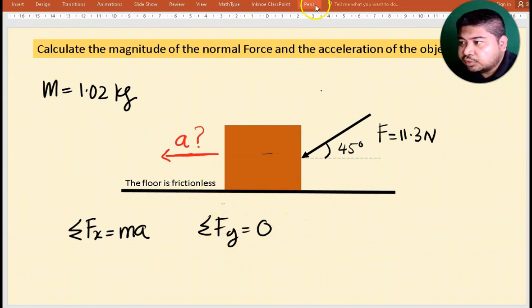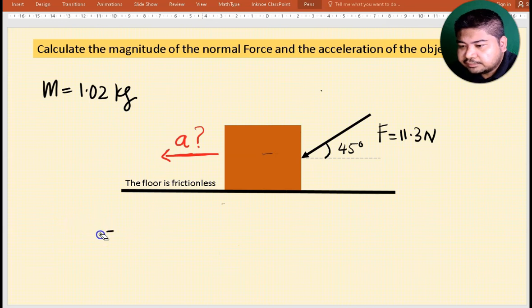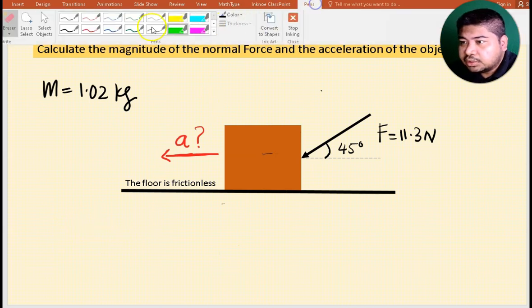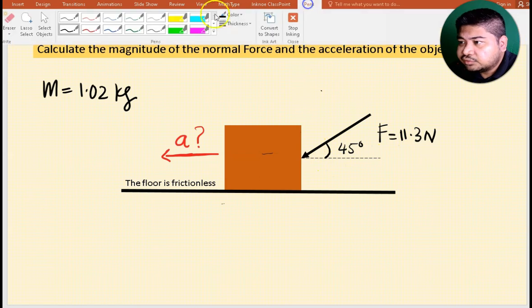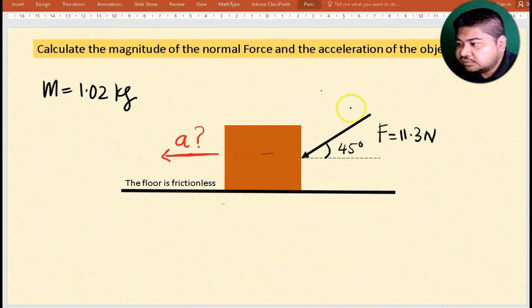And then I'm going to clear this out because I need to draw the vector weight and the vector normal. Okay, now it is given to us that the external force is applied at this angle, 45 degrees. When we draw the forces on the Cartesian, we need to place the tail of the vector here at the origin, so we need to know what the angle is here.